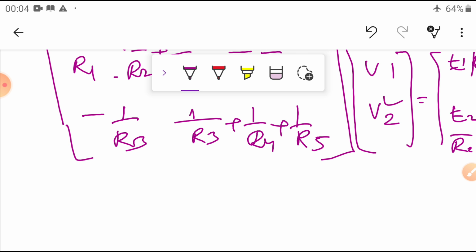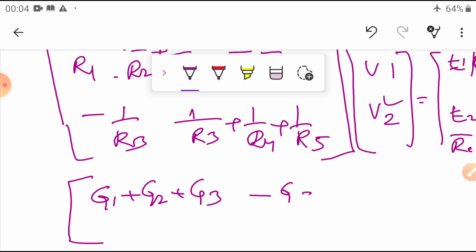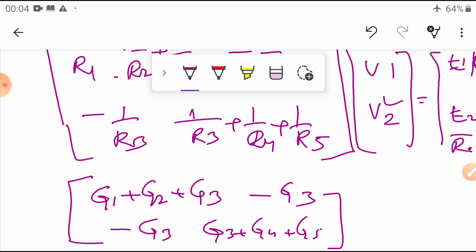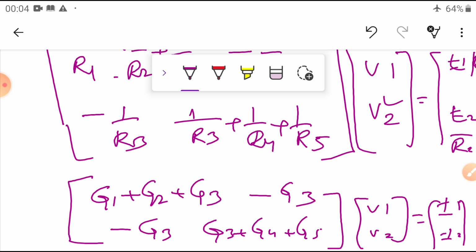So the matrix is G1 + G2 + G3, minus G3, minus G3, and G3 + G4 + G5. Then we get the same V1 and V2, equal to I1, I2. Here G is conductance, nothing but admittance.